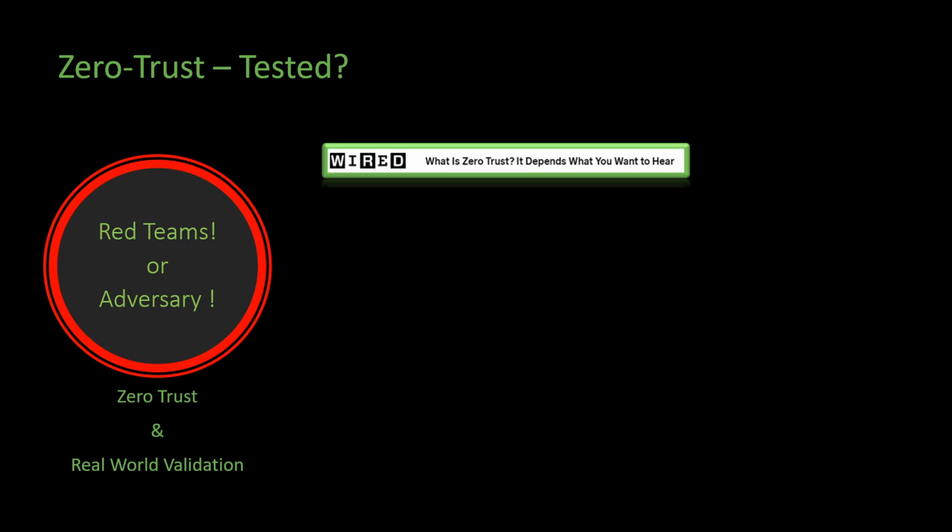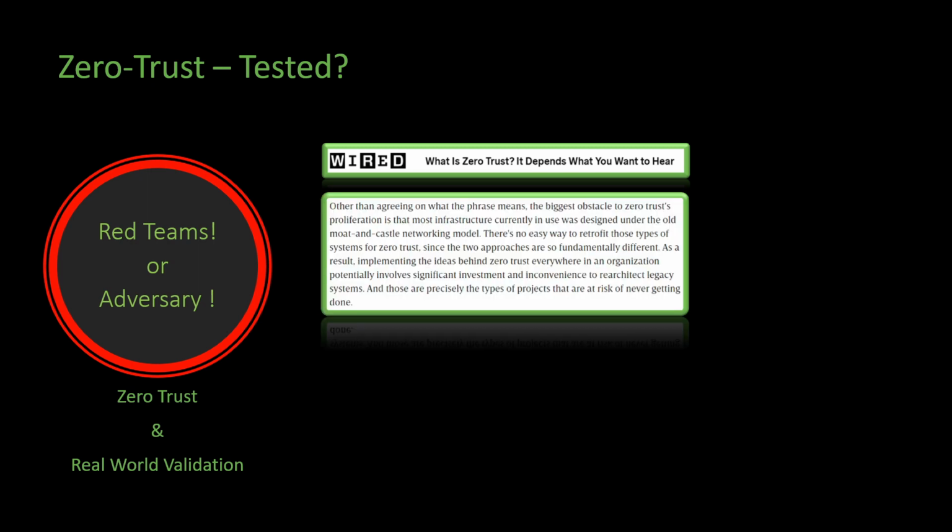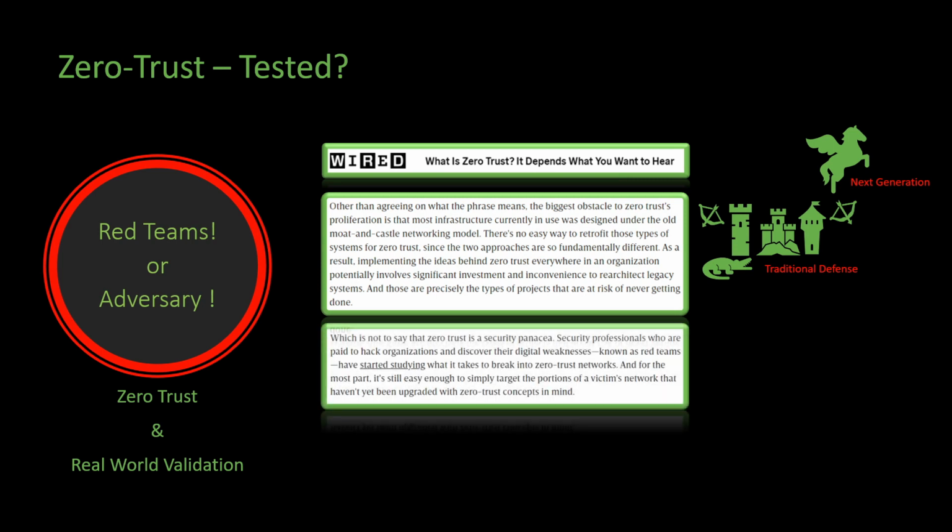But I don't know that it has. And so if you look at this Wired article, this is just recently released, and again, talks about zero trust and really depends on who you talk to. And it goes into the moat and the castle networking model. It no longer works, right? There is a shift. And so we've already talked about that.